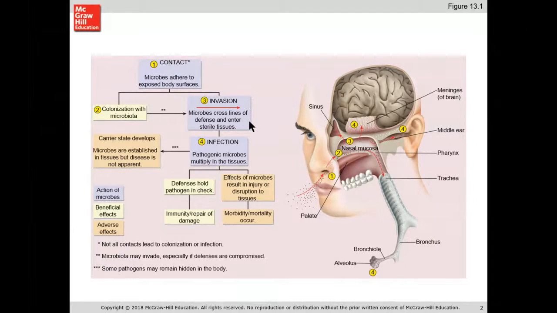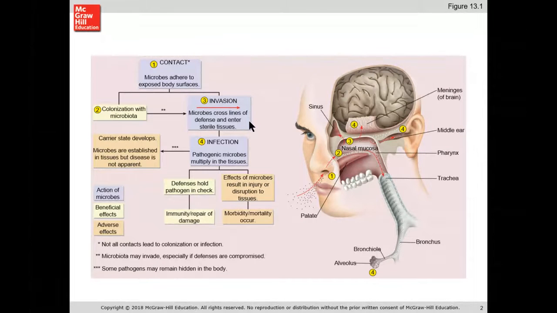So for example, you could have contact and colonization, which means they have exposure to our body, but then our regular lines of defense discourage them from surviving or wash them and destroy them.